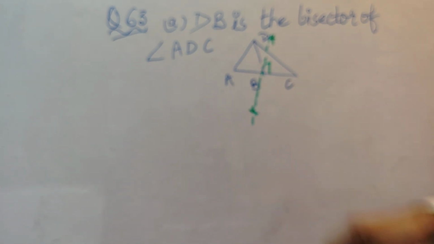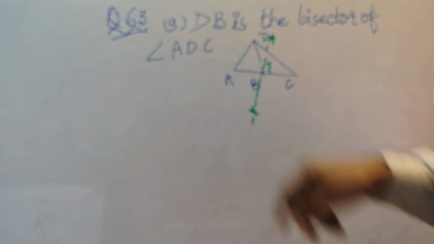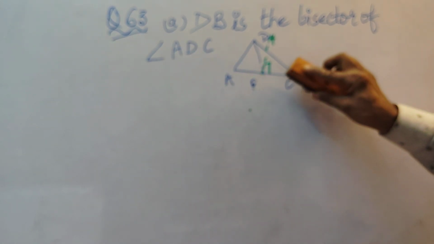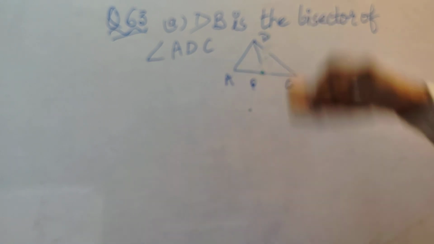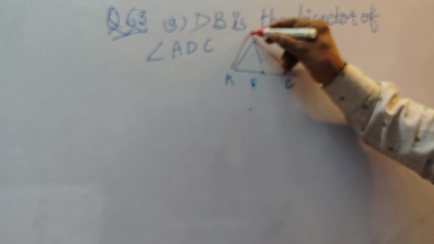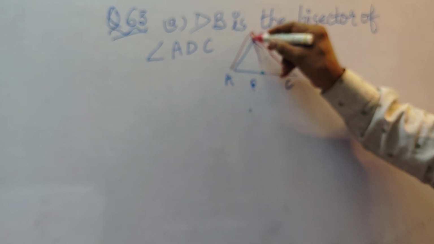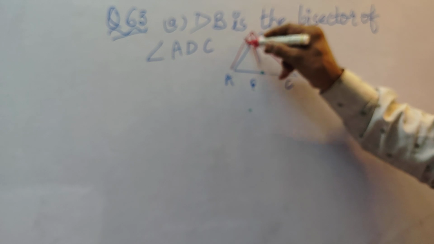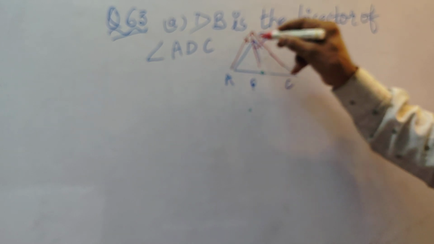But it is given the angle ADC. It is not the side. This is the case of side, but in the case of angle ADC, here is the ADC angle and its equal parts. These are two equal parts of angle ADC, and these two equal parts is called angle bisector.